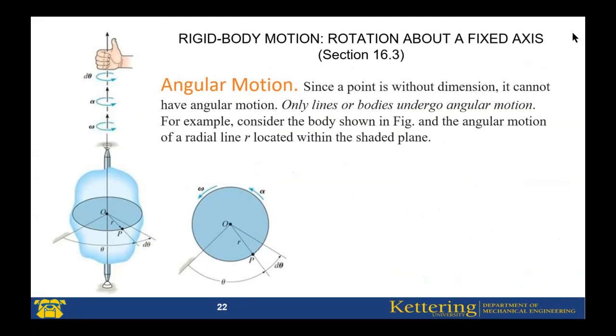For a rotation about a fixed axis, it's a rigid body that rotates about this axis with angular velocity omega and angular acceleration alpha.